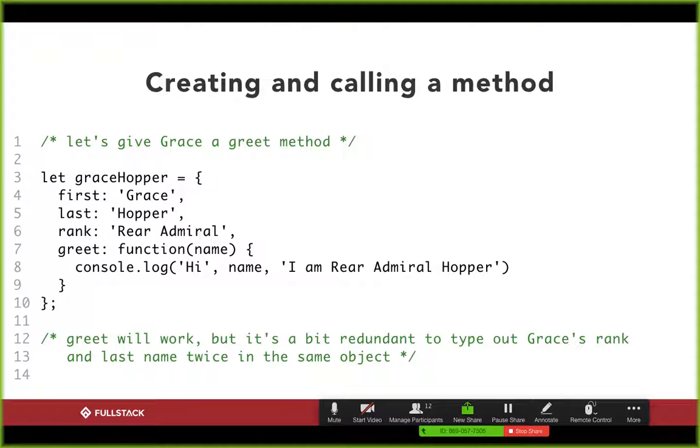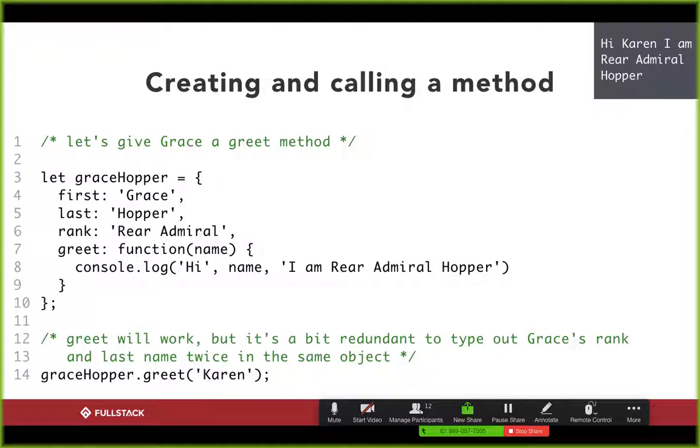Okay, so on line 7, we give this Grace Hopper object, we give her, or I guess it, a function. It takes in a name, and it console logs out hi, comma, name, I am Rear Admiral Hopper. Okay, so far so good. It makes sense. Except when we think about the second half of that statement, I am Rear Admiral Hopper.